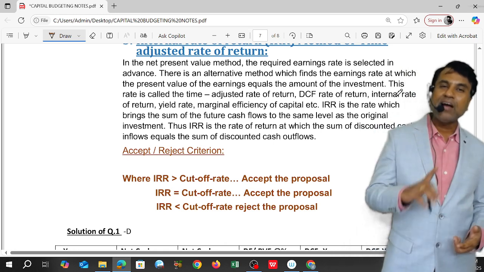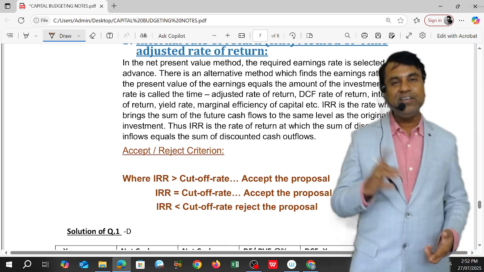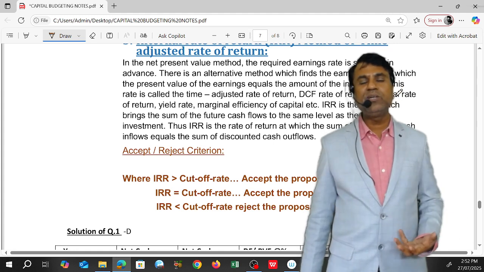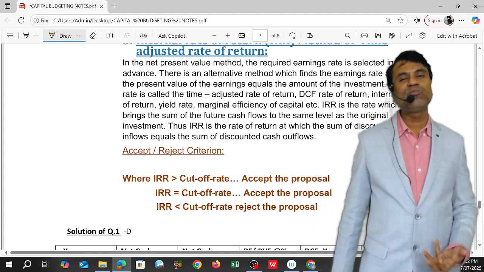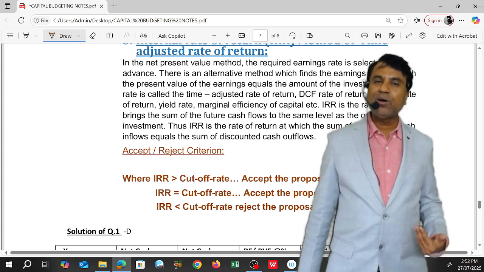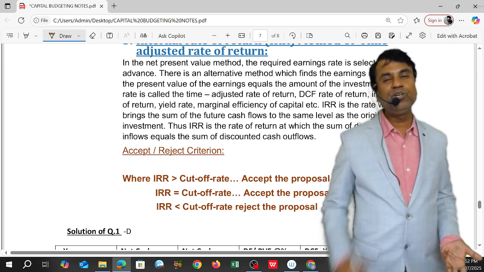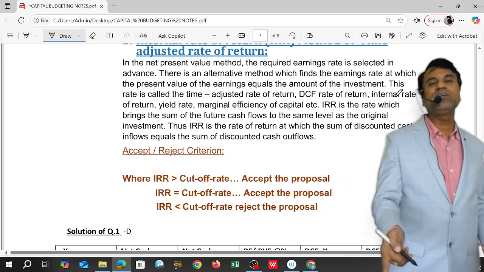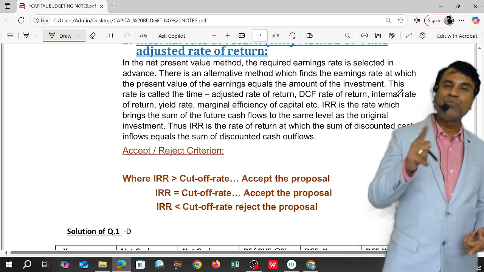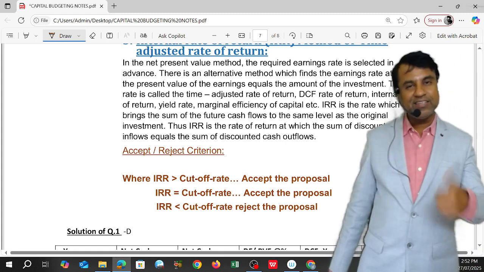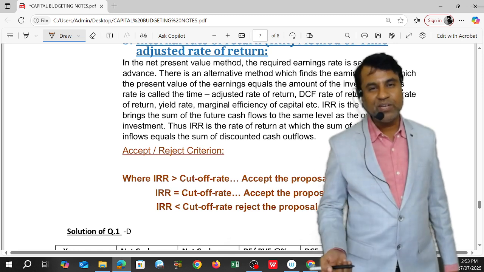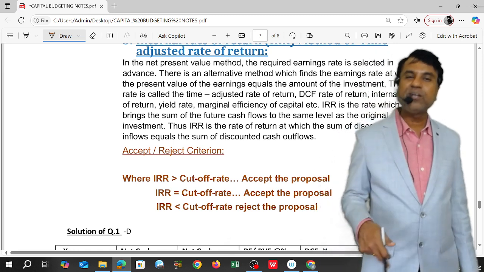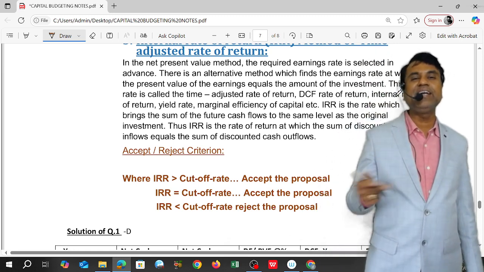Now you should try a higher rate than the previous one, because one student X may be trying first a particular rate and he has got negative NPV. Now his requirement is to get positive NPV, so he should try a lower rate. And the other one, say student Y, has tried a rate, he got first positive NPV. Now he wants negative. So for getting negative, he should try a higher rate than the earlier one.